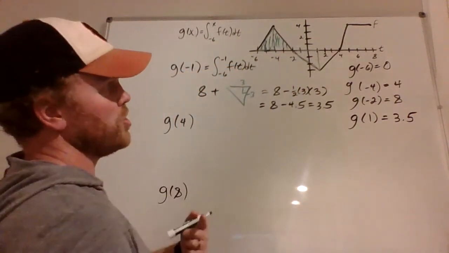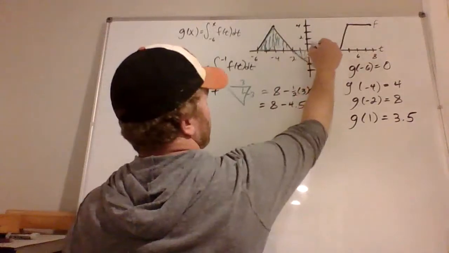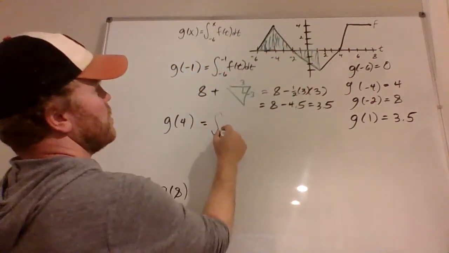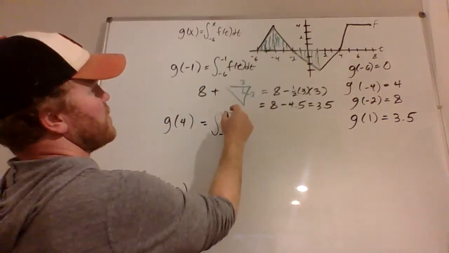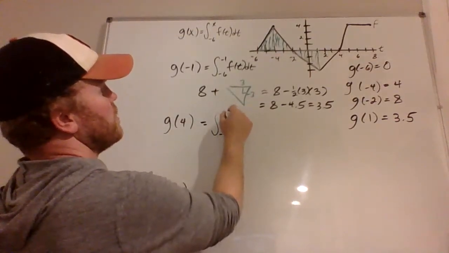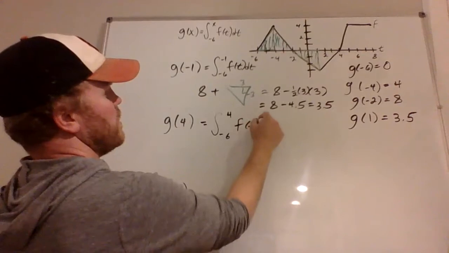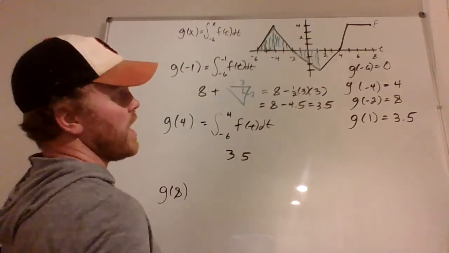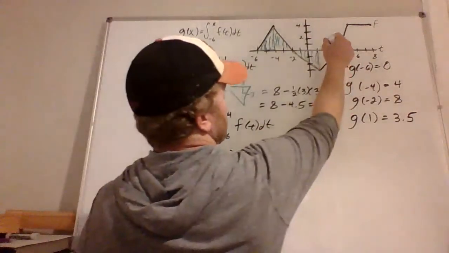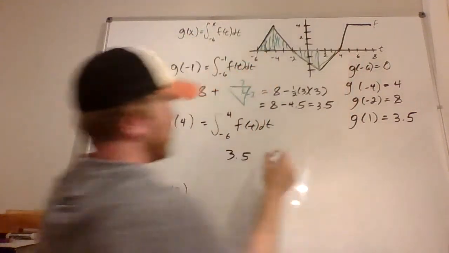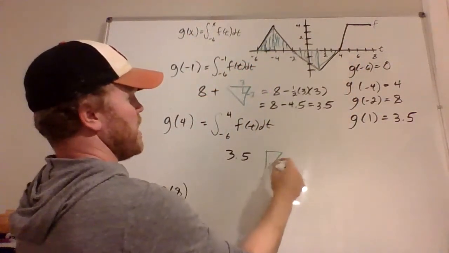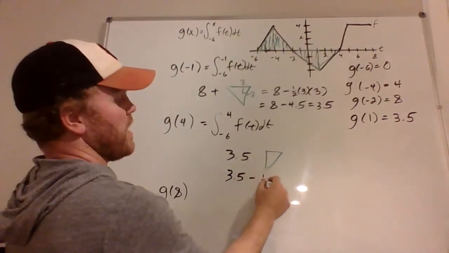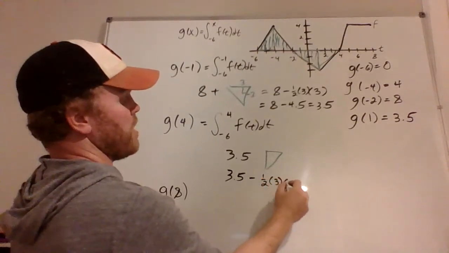Then when we go to do g of 4, we already know that if we went from -6 to 1, we would have gotten 3.5. And then if we just keep going, we're going to accumulate this extra upside down triangle, so this should be 3.5 minus 1/2 of 3 by 3.